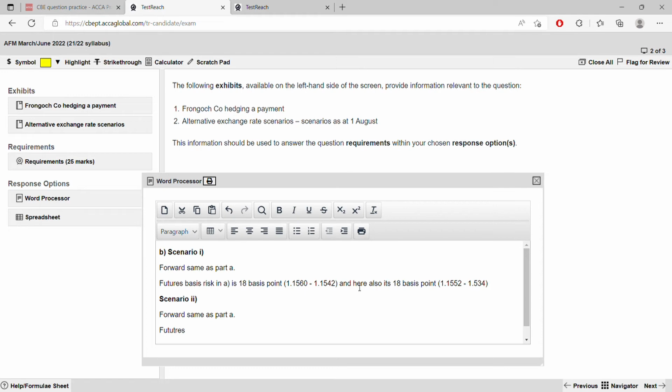Coming to the option. What about the option? The result of the option calculation would change as the option would not be exercised.